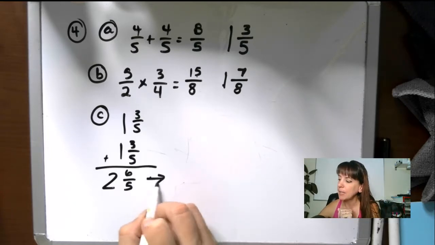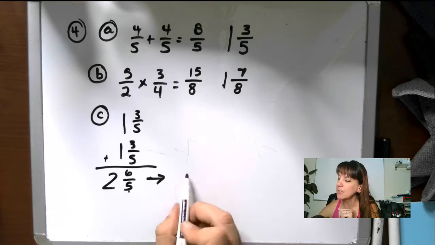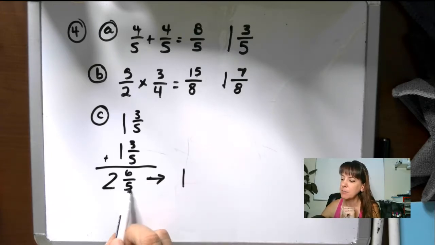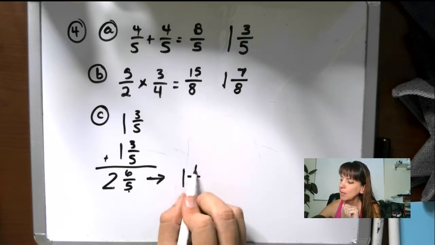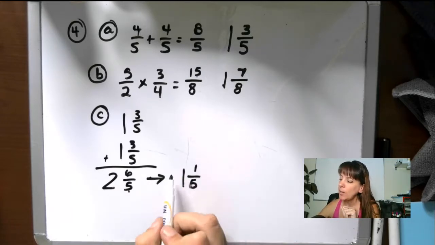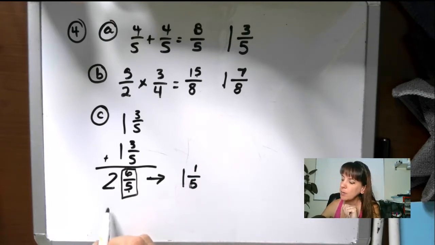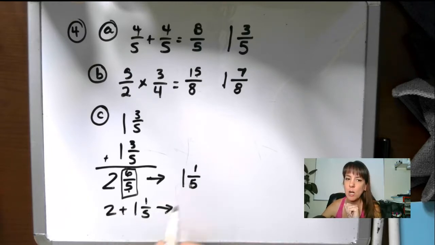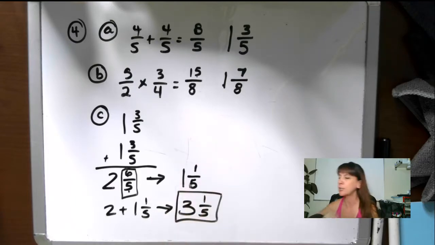How many times does 5 go into 6? 1 time with a remainder of 1. So that means we have 2 plus 1 and 1/5, which equals 3 and 1/5, your final answer.